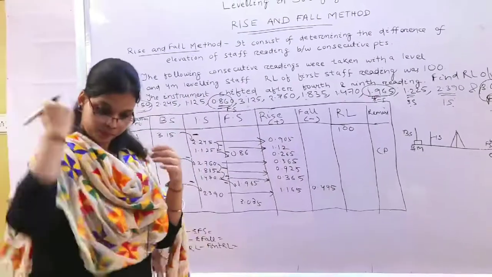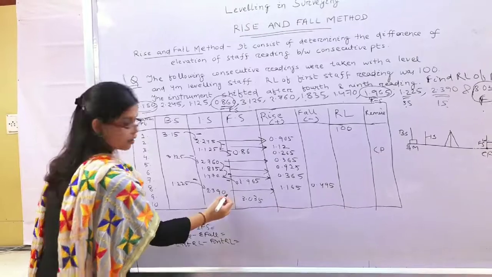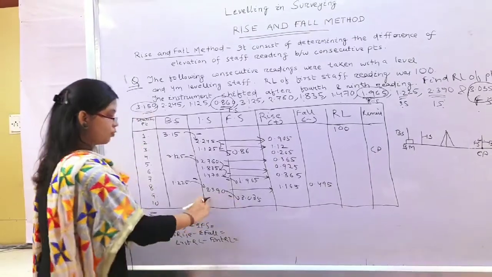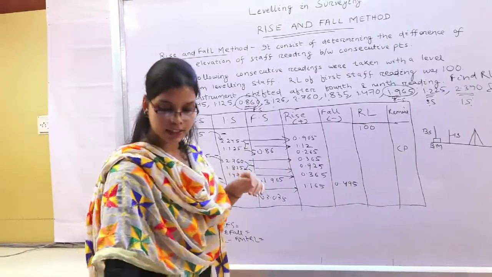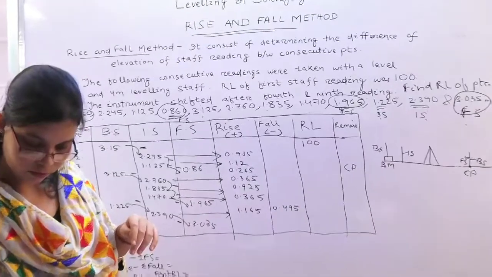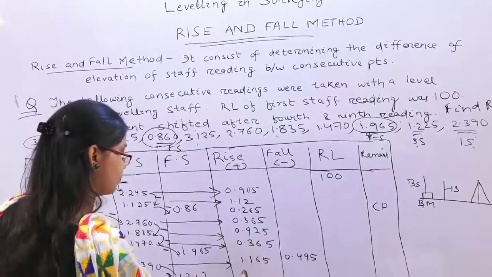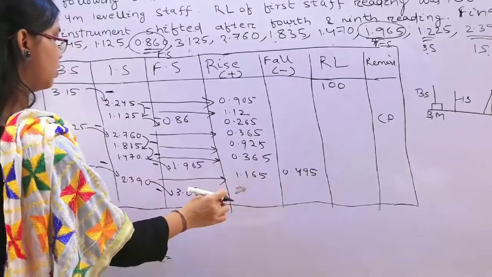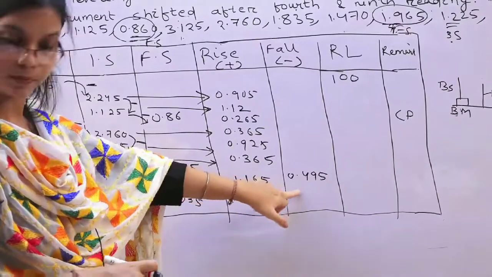Okay. Now next comes this minus this, 2.39 minus 3.035. Here we get again 0.645. Sorry, this is a negative value, we write here.